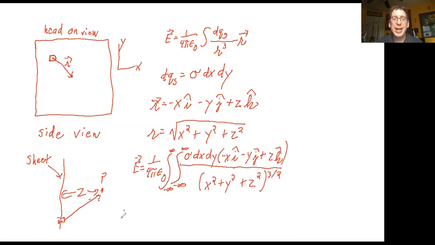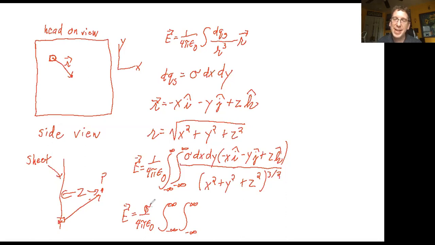So we'll write this simply as E is equal to 1 over 4 pi epsilon naught, and so we're integrating twice from negative infinity to positive infinity. And we'll put the sigma out.